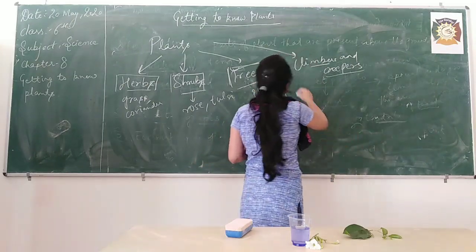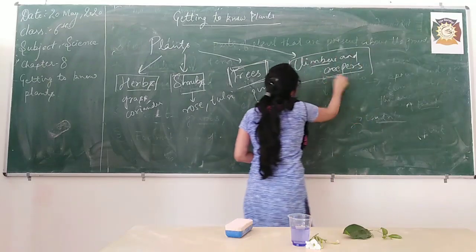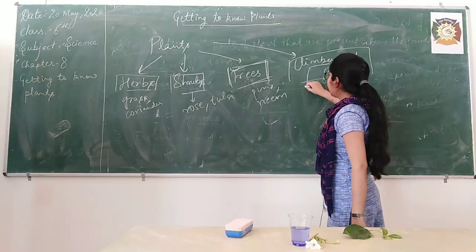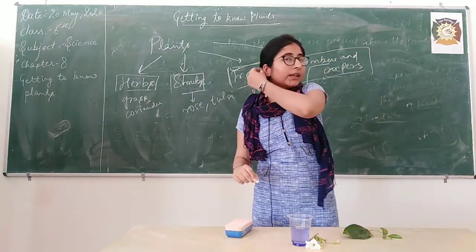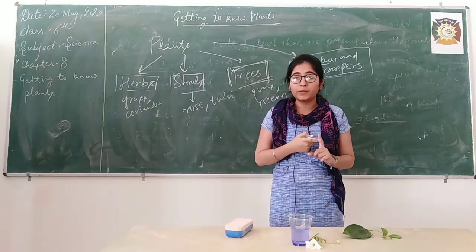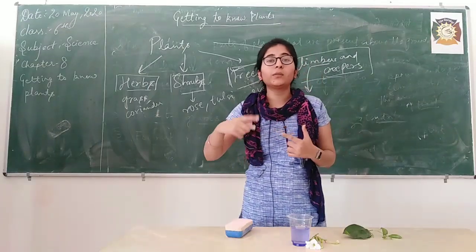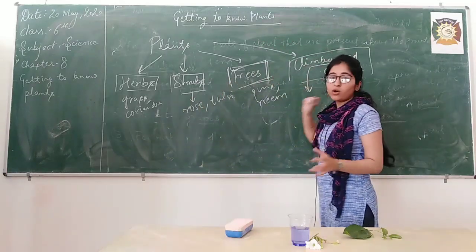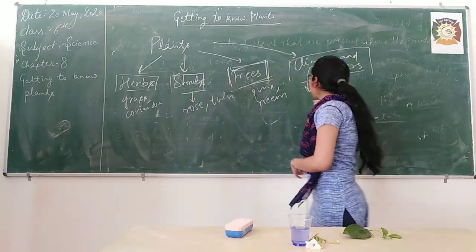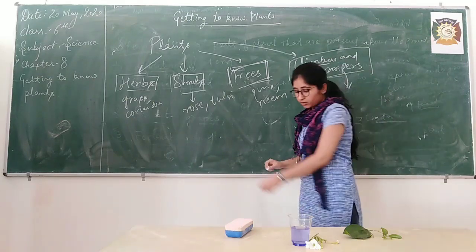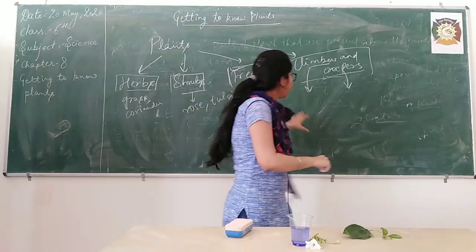So after that, the last category, climbers and creepers, right? What are climbers? You have seen plants like money plant, ivy plant, they grow after taking a support, right? So they grow after taking a support. What is the example of climbers?